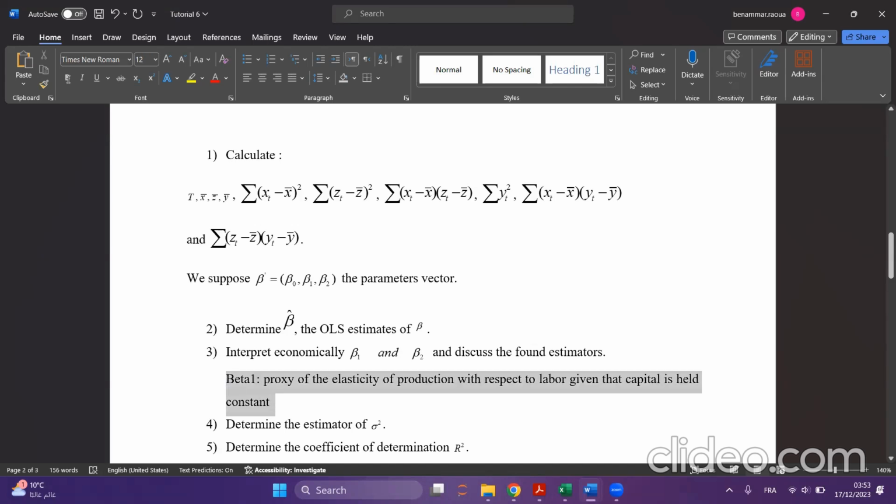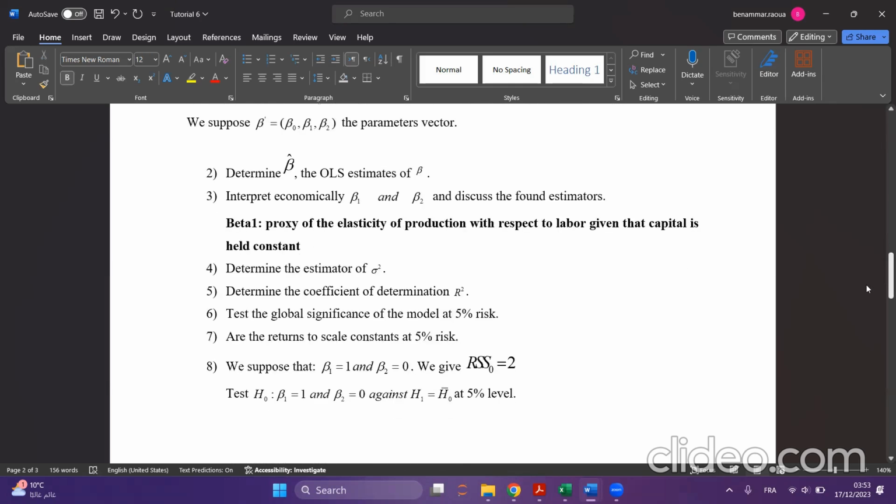So we do the same thing for beta 2, except that we have to say that we hold labor constant.